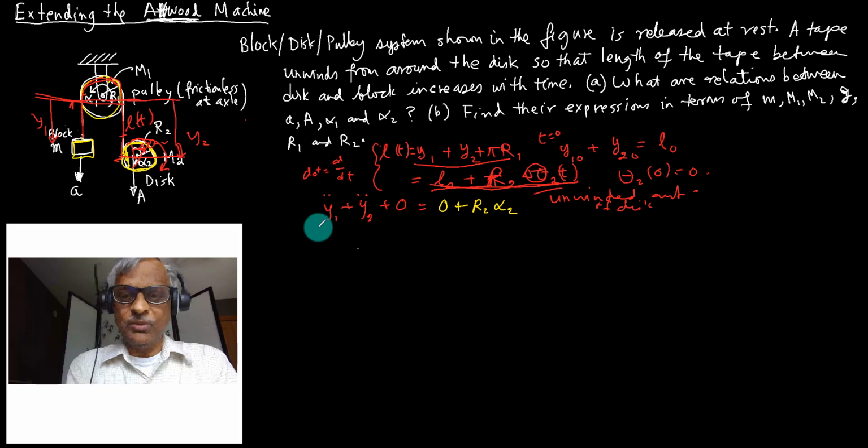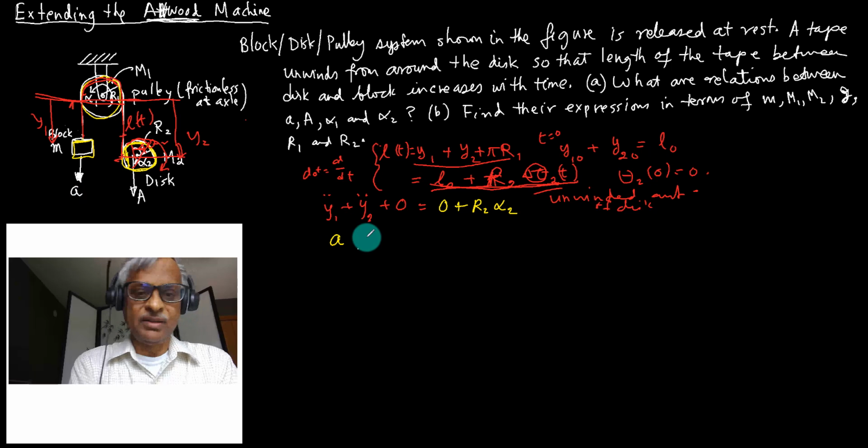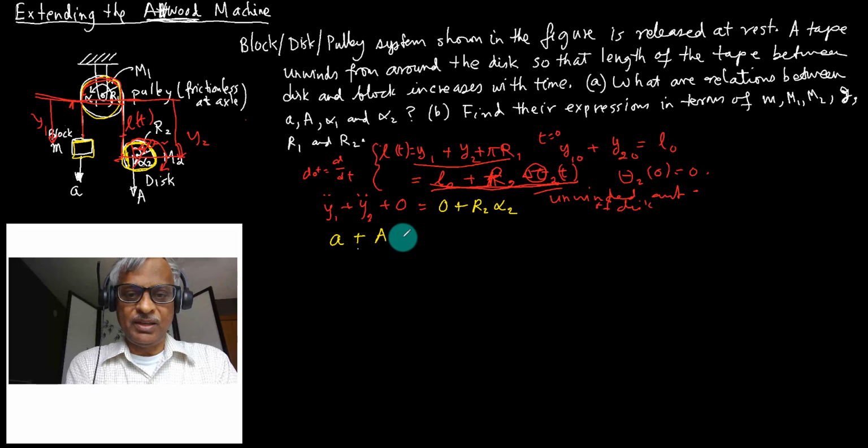And we write this as capital A, since the axis is down, and this is R2 alpha 2. So that's one relationship.